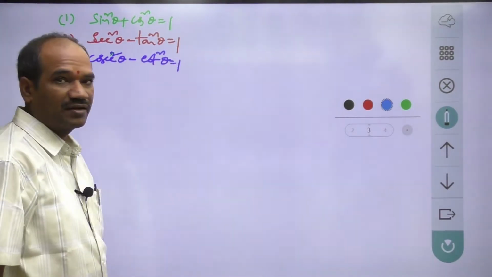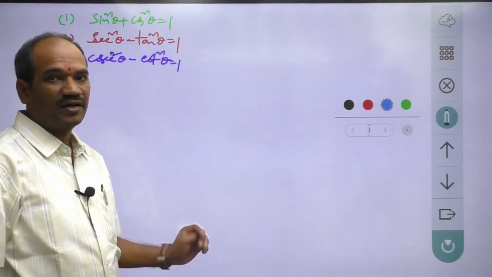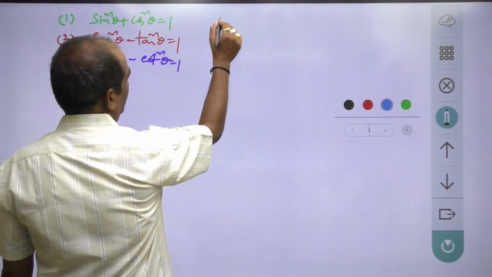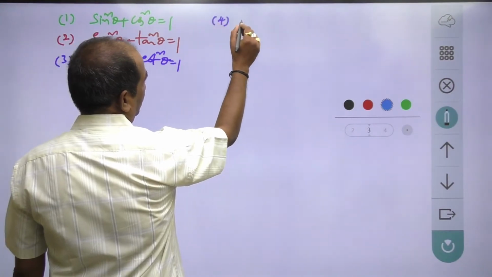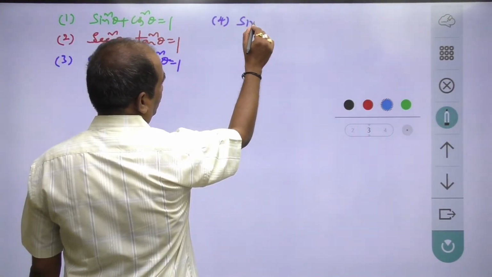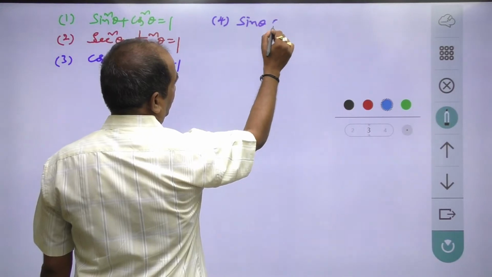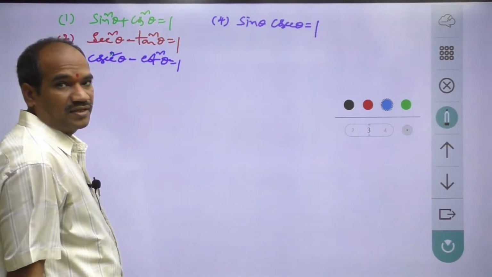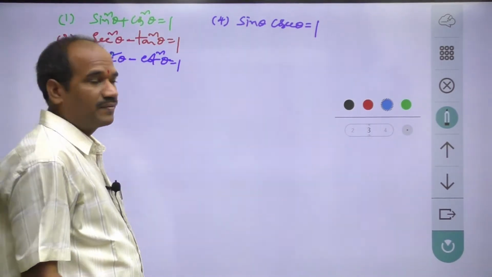These are trigonometric identities. Next, in this fourth one, sin theta into cosecant theta is equal to 1.